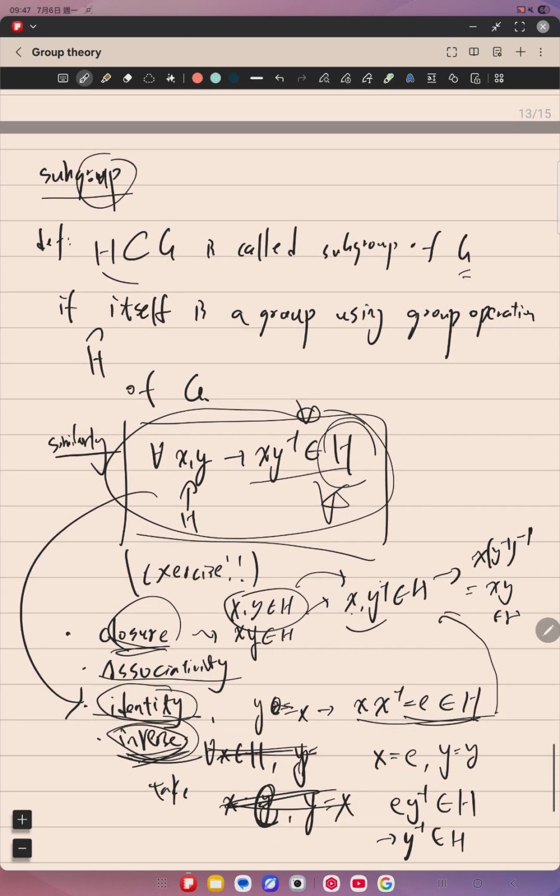So this is an if and only if condition, and you just need to remember this.